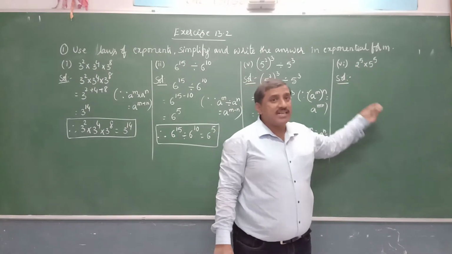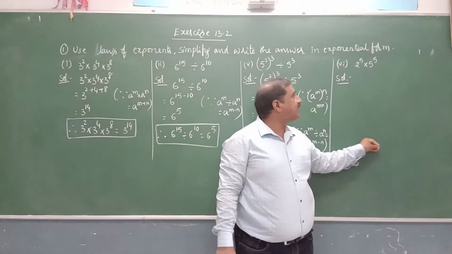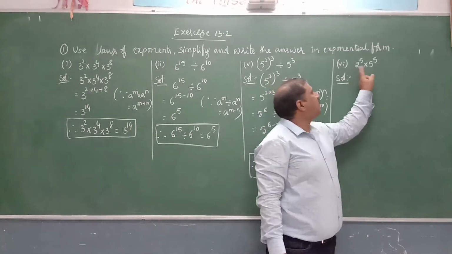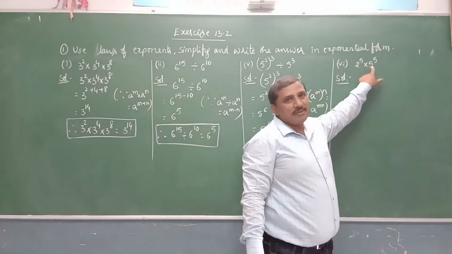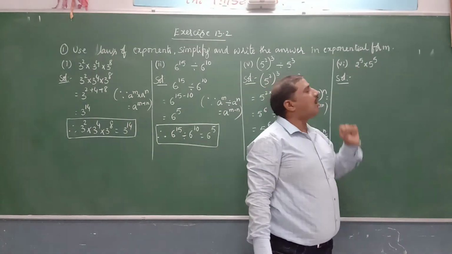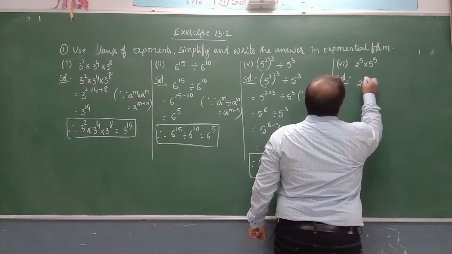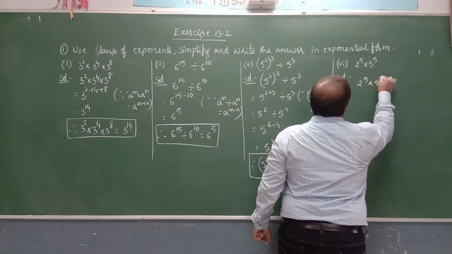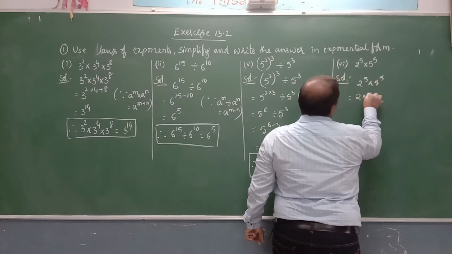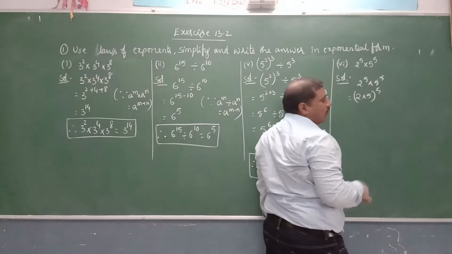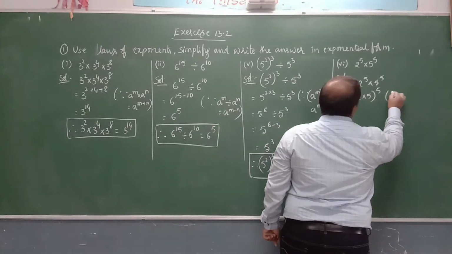So when exponents are same and bases are different, what formula do we use here? We will multiply the bases and we take the common exponent. That is 2 to the power of 5 into 5 to the power of 5 is equal to 2 into 5 whole to the power of 5. So what formula do we use?